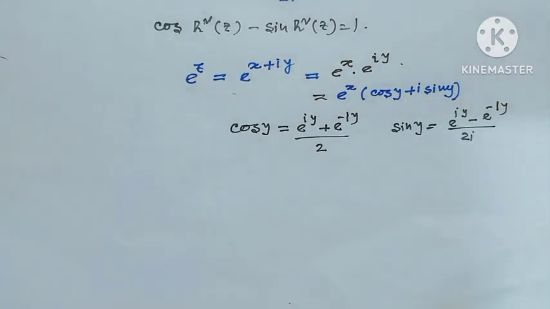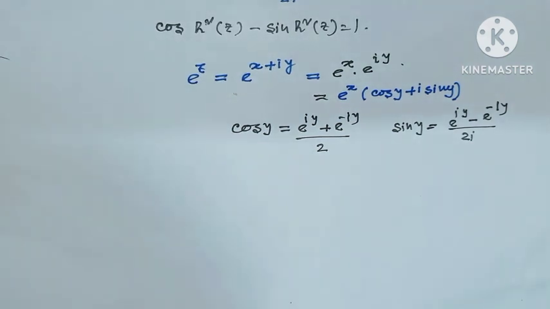Next, I will see what is the exponential function e to the power z. We all know e to the power z means e to the power x plus iy. And we can write e to the power x times e to the power iy. And e to the power iy means cos y plus i sin y.